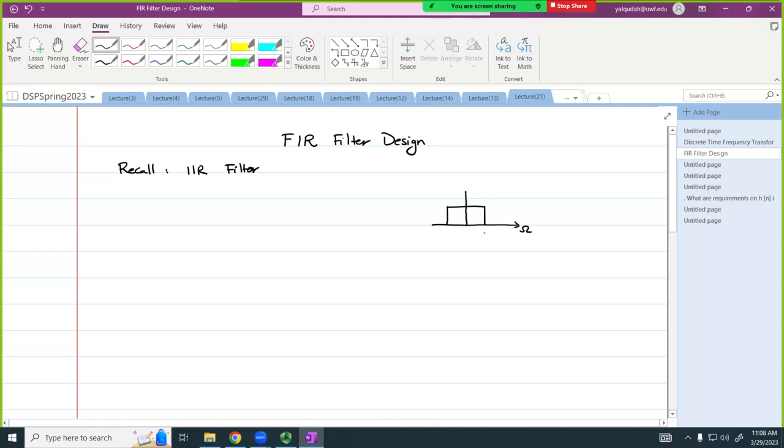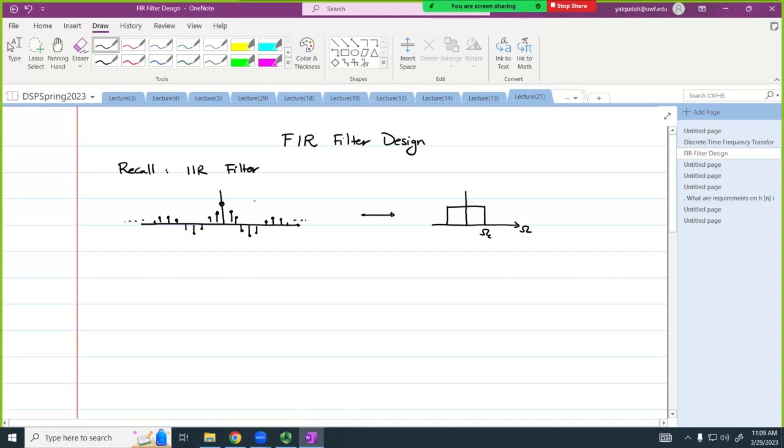This is omega, this is whatever cutoff frequency. And then we said, okay, if we look at this filter in the time domain, this filter is going to have some impulse response that's going to generate it. However, this impulse response is going to go from negative infinity to infinity.